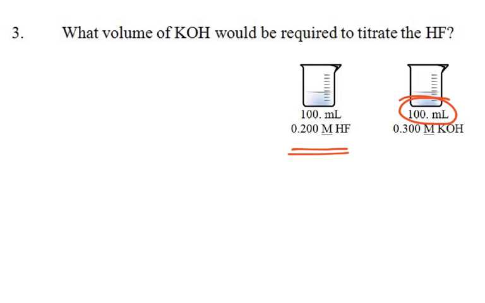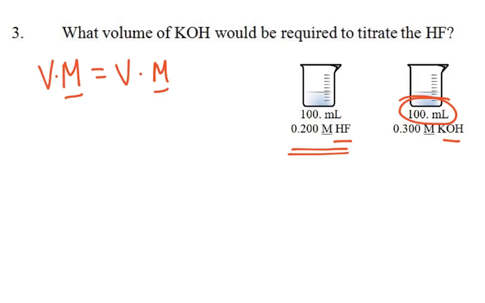So we're just going to do the simple formula that the volume times the molarity of the acid equals the volume times the molarity of the base. And in this case, the acid is HF, the base is KOH. And since it's one H in HF and one OH in KOH, then we can just use this formula as is.